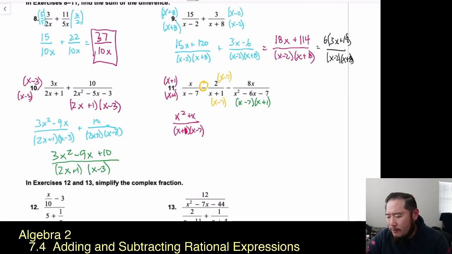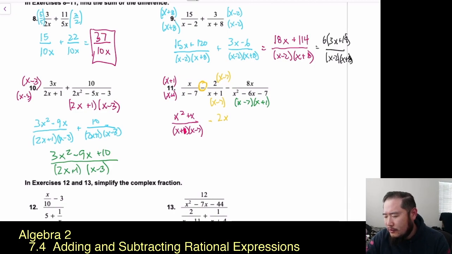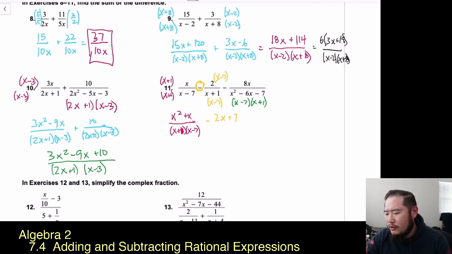And so I'm going to have negative 2x plus 14, because remember it's negative 2, and then you multiply that by x, and then we have negative 2, you're going to multiply that by negative 7, so plus 14. All over right here, we've got x plus 1, x minus 7.